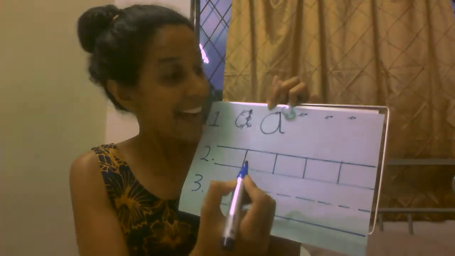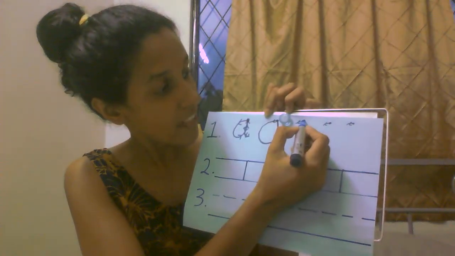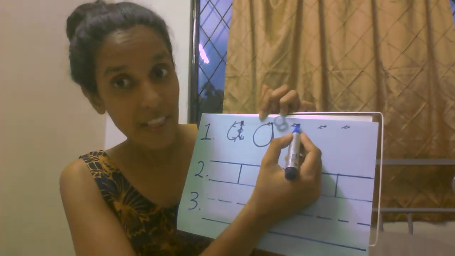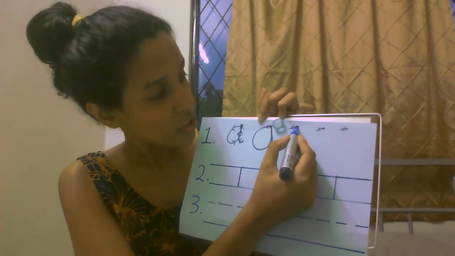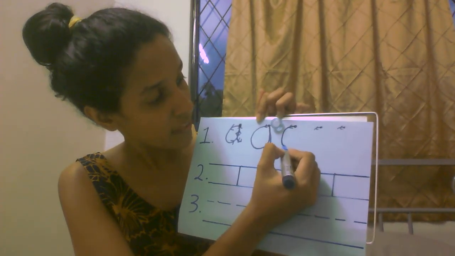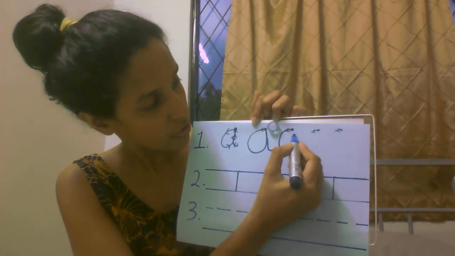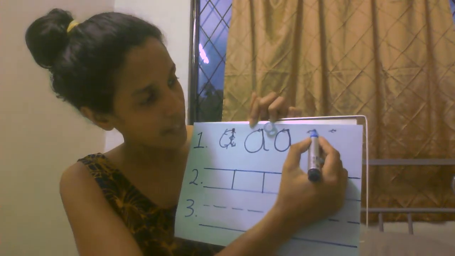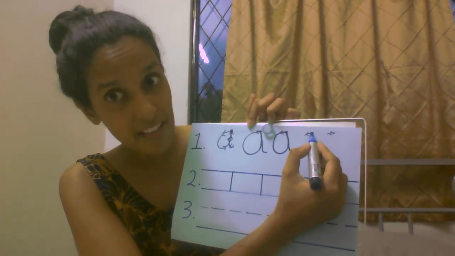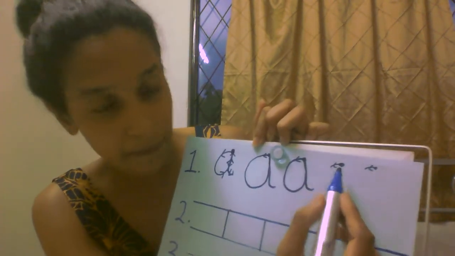So let's make another A over here where the dot is. So we start where the dot is, and then we're going to follow the arrow towards the left. Okay, so let's move it around, make a circle to the top and down to the bottom and a flick. And let's make another one. Let's start where the dot is.